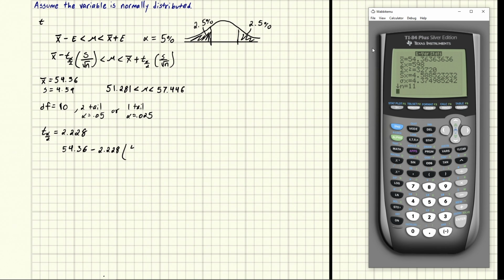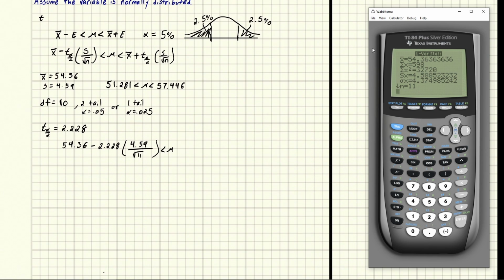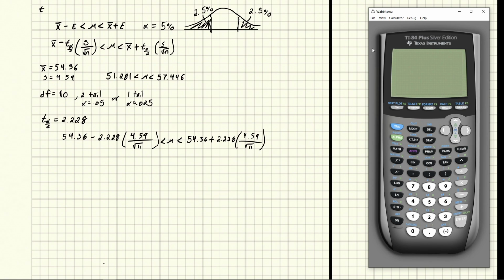S is 4.59 divided by the square root of n, square root of 11. Less than the mean. And then we do the same thing. 54.36, and this time it's just plus 2.228 times 4.59 over the square root of 11. It's the same exact thing, it's just one side has the plus because it's adding the error.